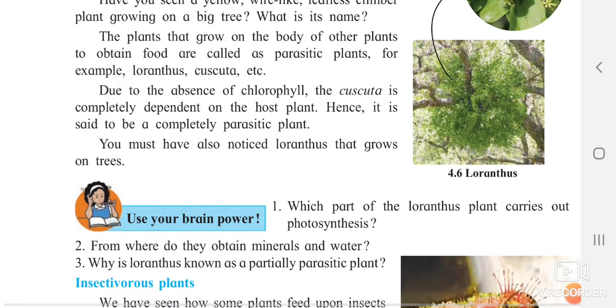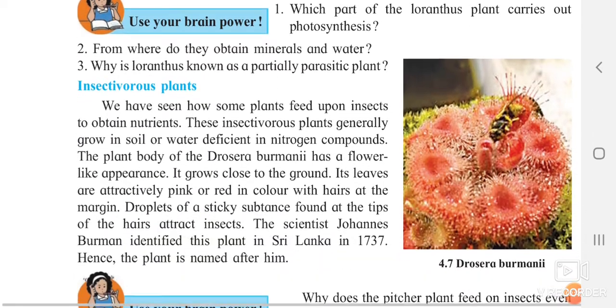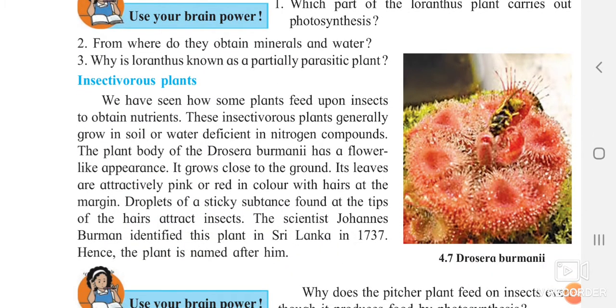Now they have told you about insectivorous plants. Generally you know that sometimes plants have a deficiency of nitrogen. They require nitrogen, so some plants satisfy their need for nitrogen by consuming insects. A few plants such as Drosera burmani are insectivorous. You may also know the Venus flytrap, which is also an insectivorous plant.